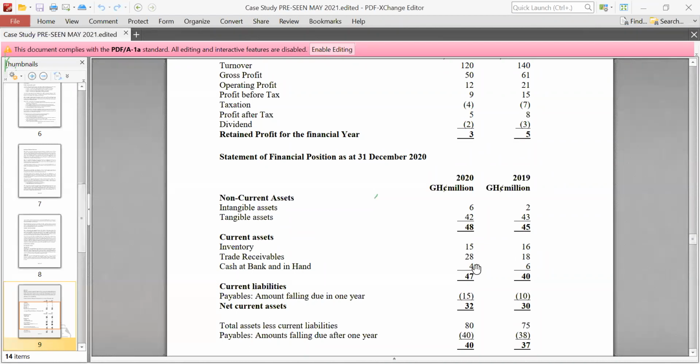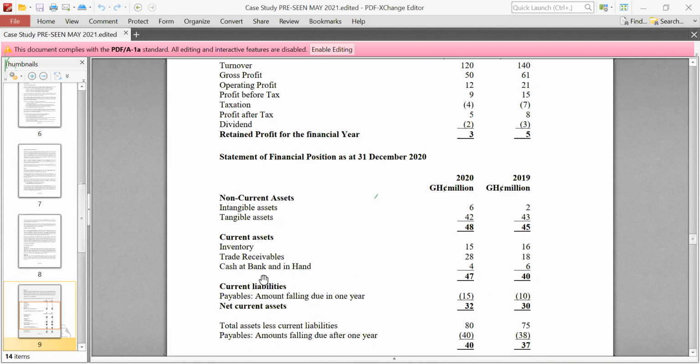Your cash is declining by 2 million. So you would want to make sure that you're able to collect your receivables.